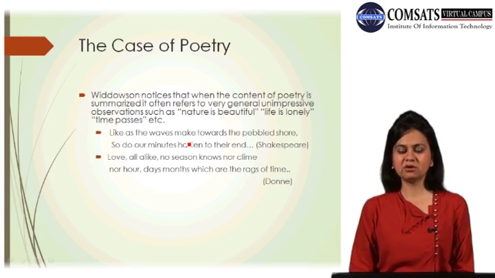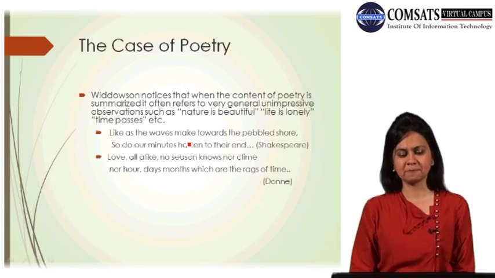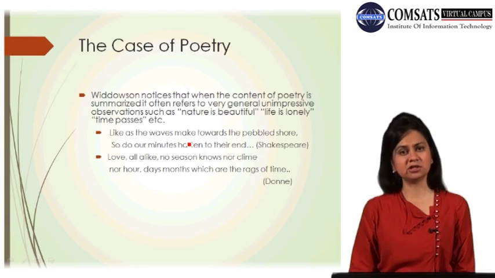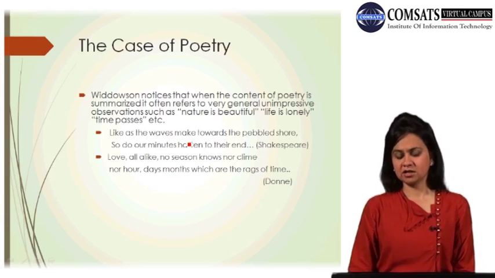Widdowson notices that when the content of poetry is summarized, it often refers to very general, unimpressive observations. The analysis of these lines would enable us to understand Widdowson's observations about the general analysis of poetry.